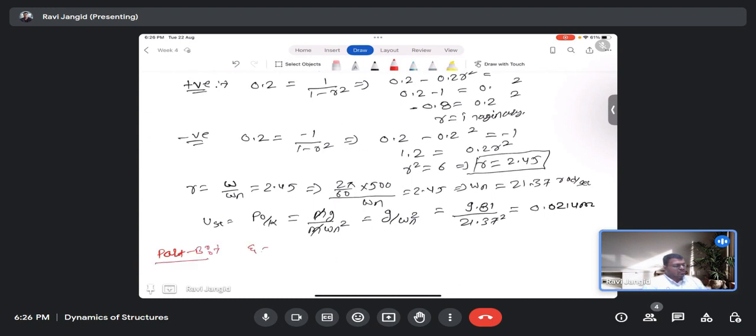If damping is given to you as 0.1, then the transmissibility is 0.2. Then put the value 1 plus 2 into r into 0.1 squared, over 1 minus r squared plus 2 into r into 0.1 squared.